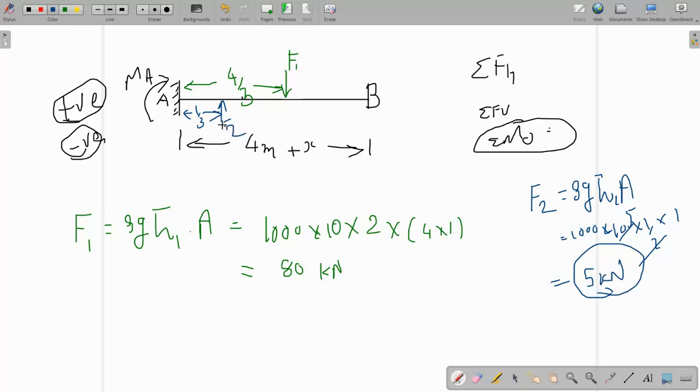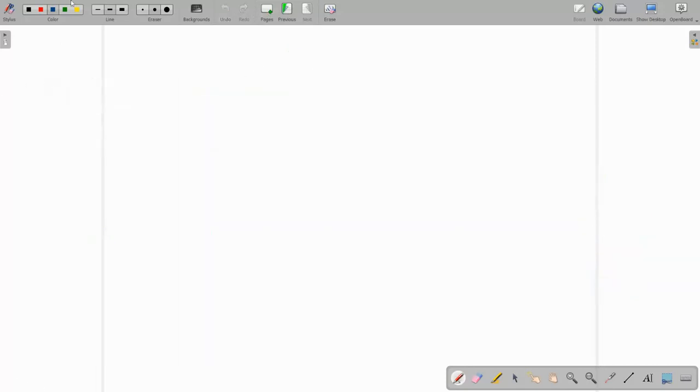F1 and F2. So I'm drawing this diagram again for clarity. This is the beam, and this is the fixed point. We have named it A, and we have assumed that moment A is acting in the clockwise direction.